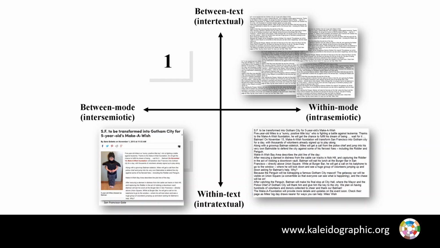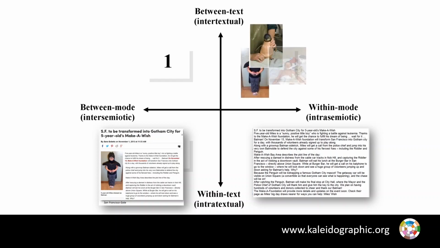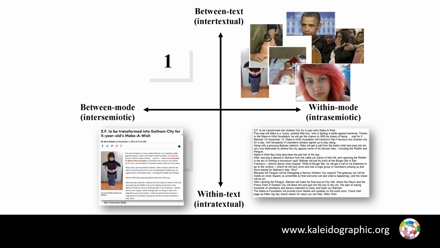As a social semiotician, I might come along and say, well, actually, no, don't want to do that. I would rather look at all of the images in a particular data set and not take into consideration any verbal text, in which case I might just do a visual content analysis of a set of photographs.